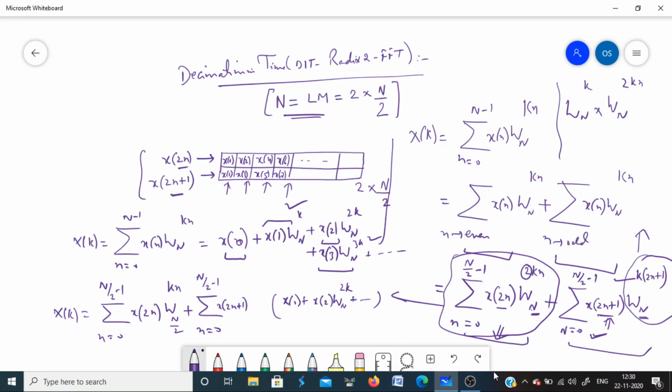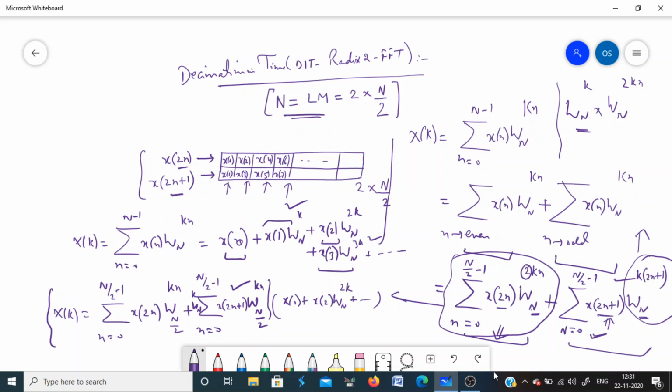Now since this summation is with respect to n in this equation, I can take W_N to the power k outside the summation, and inside you will get W_N to the power 2kn, or I can write it as W_{N/2} to the power kn.